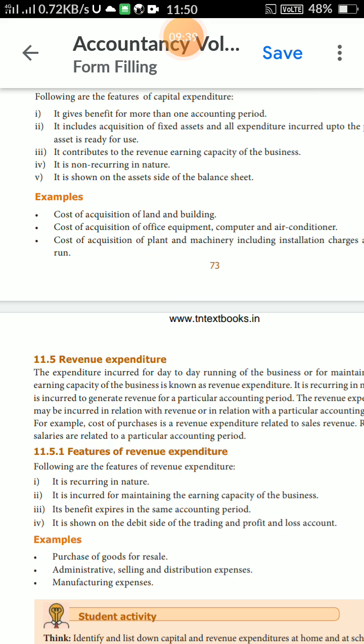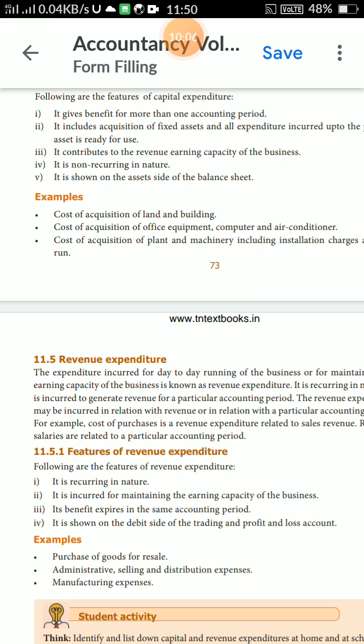Revenue expenditure is mostly purchase of goods for resale, administrative, selling and distribution expenses, and manufacturing expenses. In this lesson, three or five questions will come: which item is capital expenditure and which is revenue expenditure.